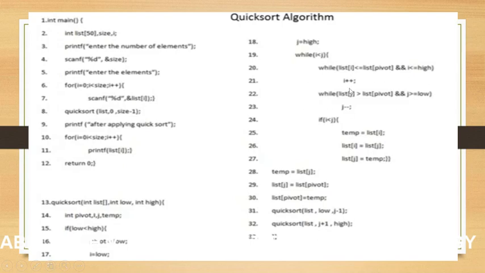This will keep on executing until this condition fails. Once we find any element which is greater than the pivot element, or if it crosses above the high, we stop incrementing the i value. We call this the left scan.